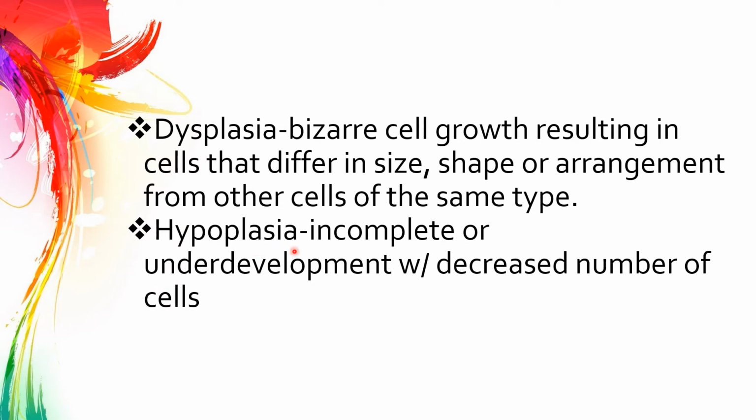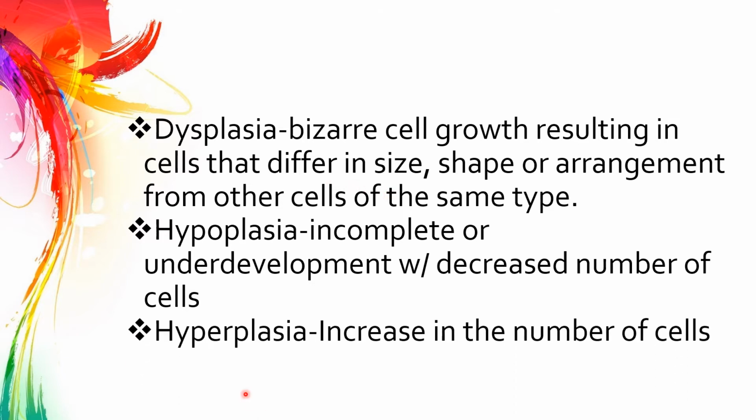While hypoplasia refers to incomplete or underdevelopment with decreased number of cells. By the way, dysplasia actually refers to an early neoplastic process. And hyperplasia refers to an increase in the number of cells. This may be hormonally induced.